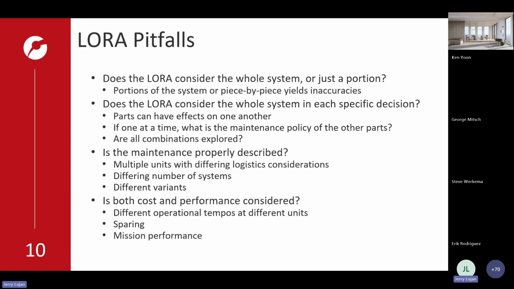Now, in the case of, let's say, EDCAS, and Compass as well, to my best understanding, it looks at every single portion of a LORA separately, meaning each individual part. Now, parts have effects on one another as well, but even if you don't consider that, we need to consider the combinations that are possible out there, right?